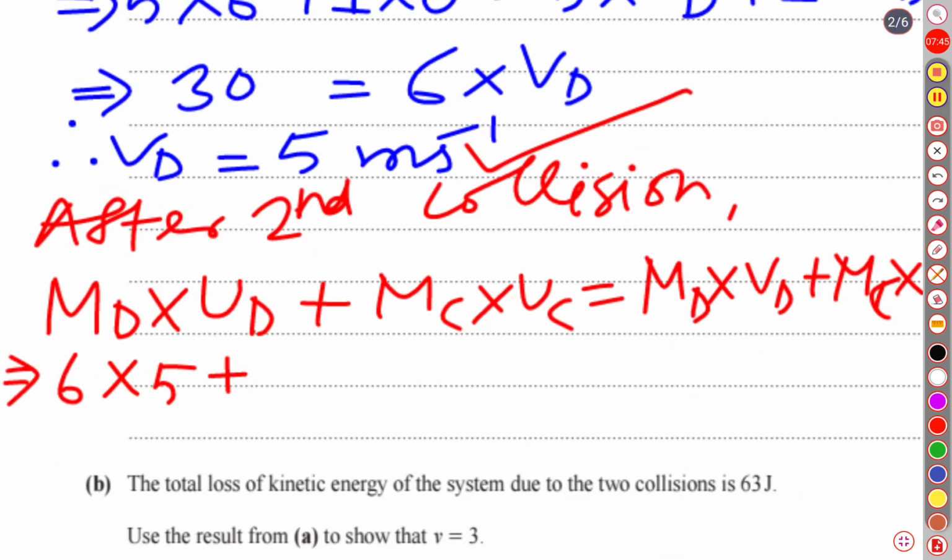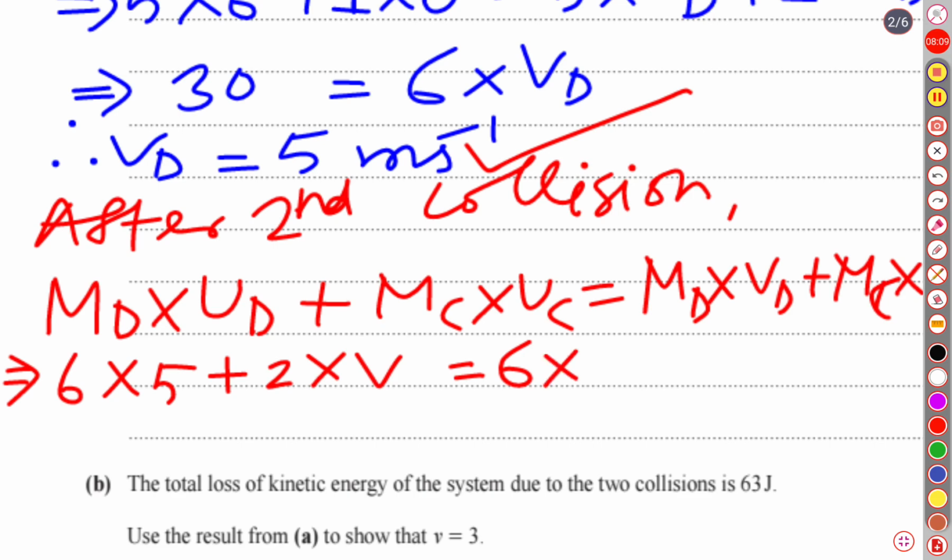So let us write this. Mass of particle C is 2 and the initial velocity was v meter per second, equal to the mass of particle D. The mass of particle D is nothing but the combination of particle A and B, which is 5 plus 1, that is 6, times the final velocity.